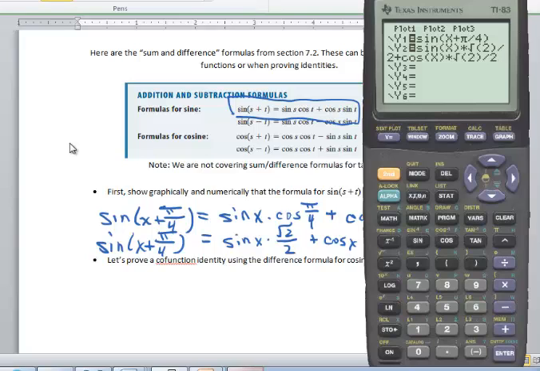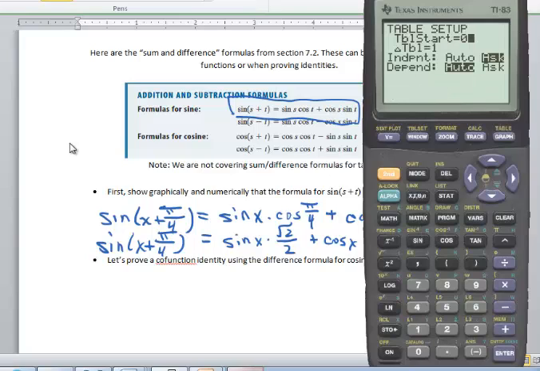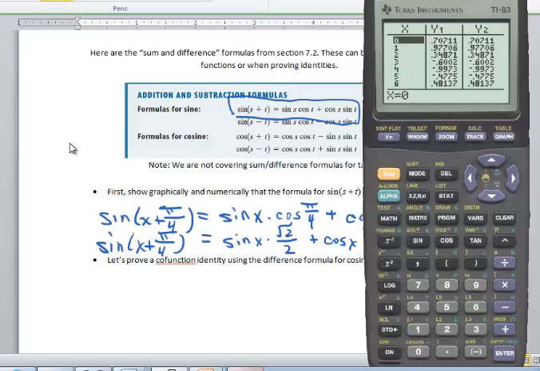Now, to verify this numerically basically just means go to the table and make sure all of my values are the same. So if I just make my table I can see that y1 and y2, no matter what the value of x is, are always equal, right?